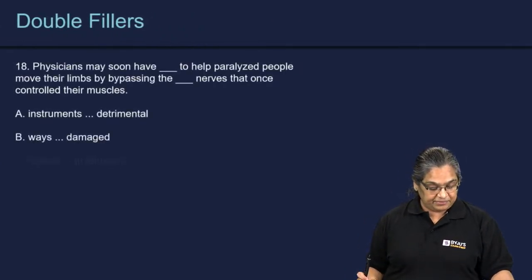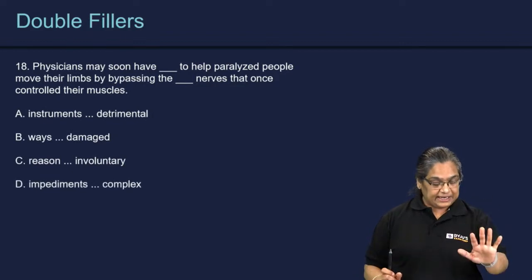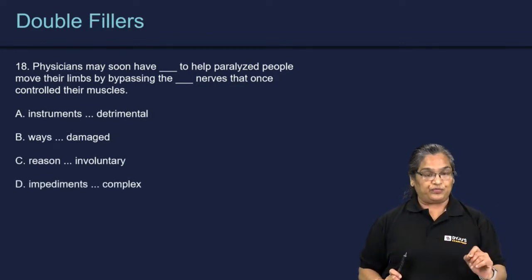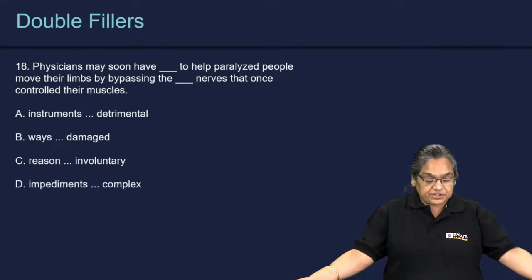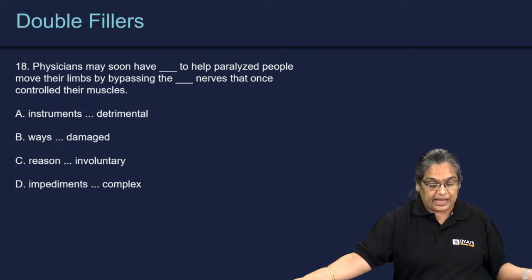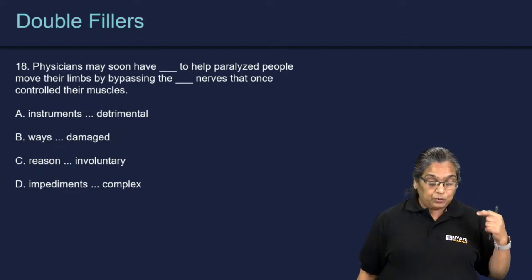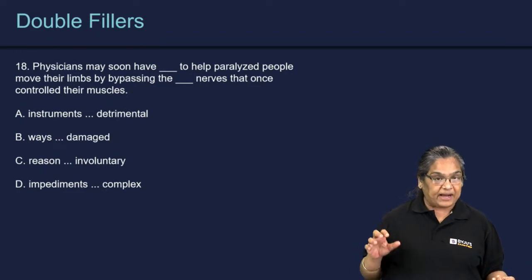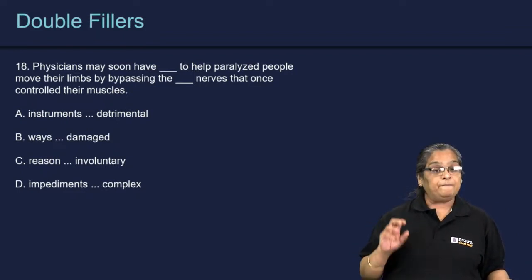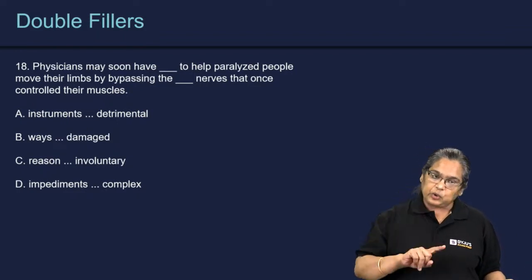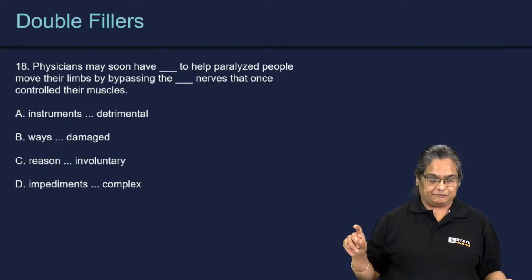XAT some year gave this question. Read it. It takes a little time to figure this out. Physicians may soon have dash to help paralyzed people to move their limbs by bypassing the dash nerves that once controlled their muscles.